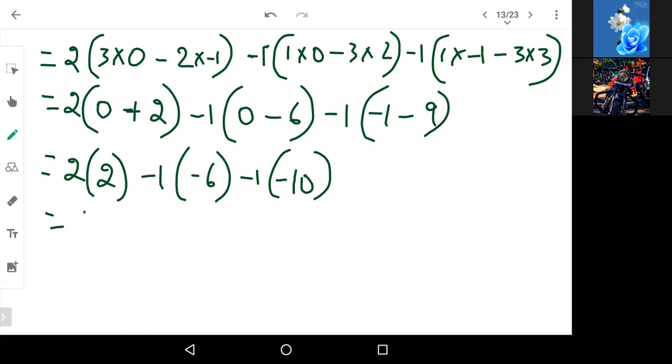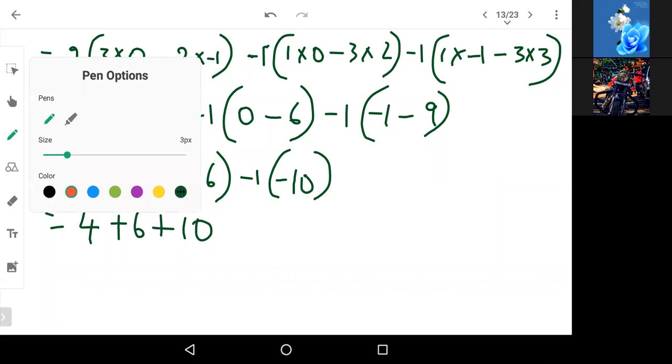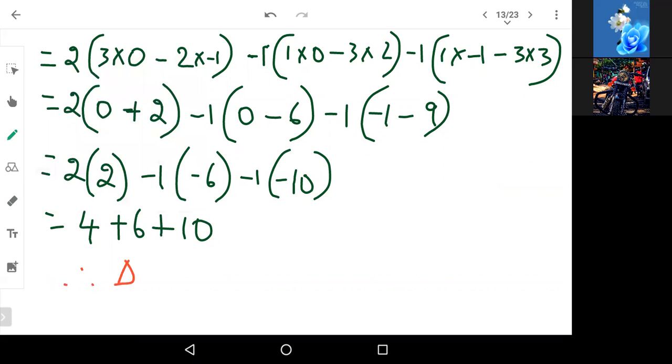So 2 twos are 4, plus 6, plus 10. Therefore, delta is equal to 20. Correct. Delta is equal to 20.